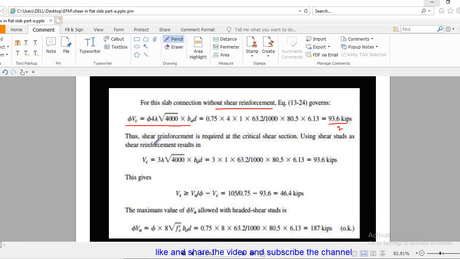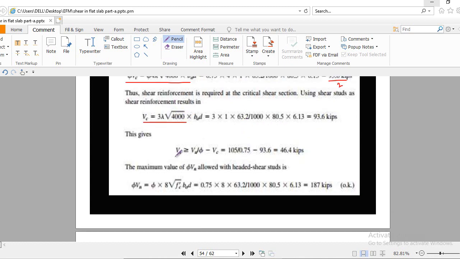Now thus shear reinforcement is required in the critical shear section using studs, so that's why we have to use this one, and I already explained this in lecture number 11. Why are we using 3 lambda? In case of shear stud reinforcement, we will provide 3 lambda, and if you have shear reinforcement by stirrups, you will use 2 lambda. Now your Vs can be determined from that equation.